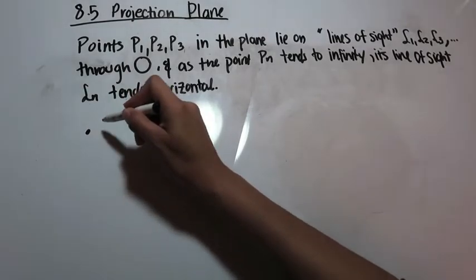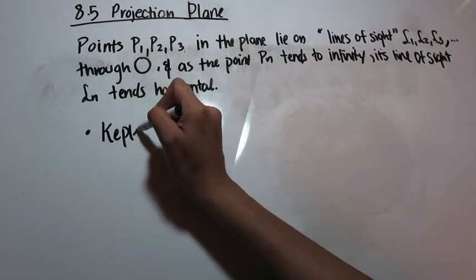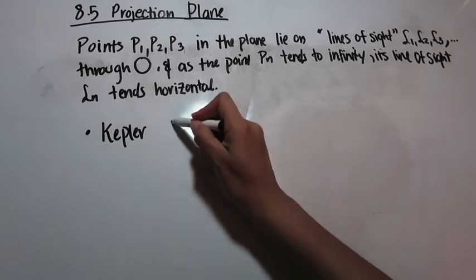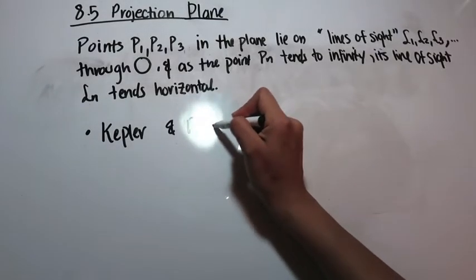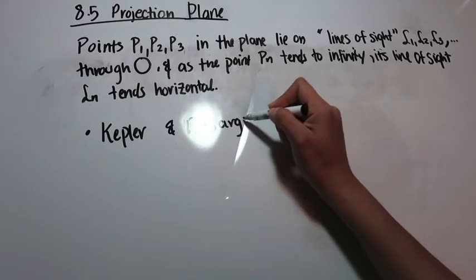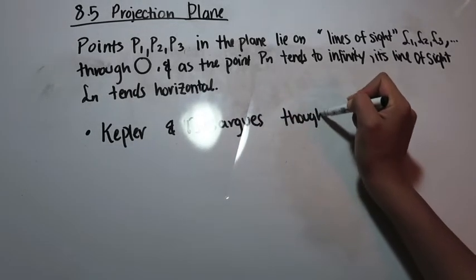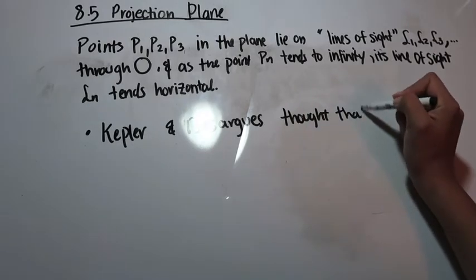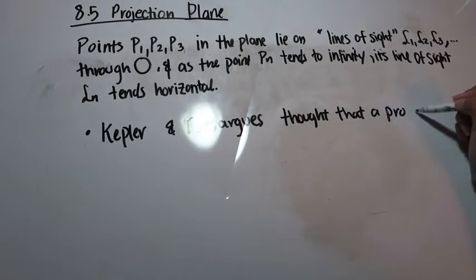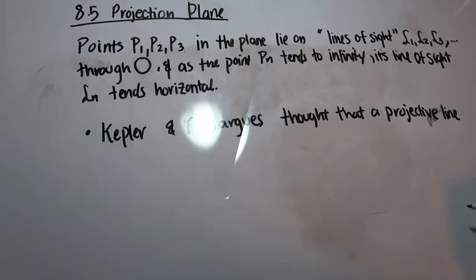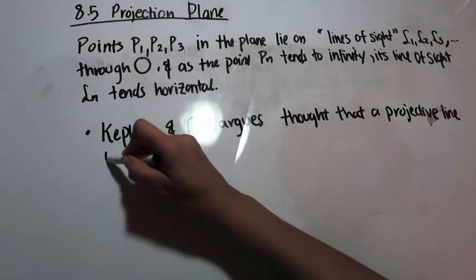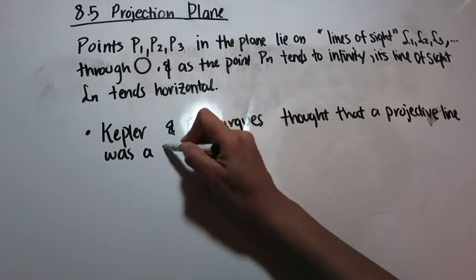So here I'm gonna state that Kepler and Desargues, can't say that, they thought that a projective line was a circle.